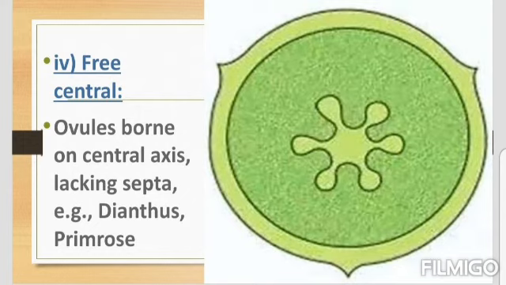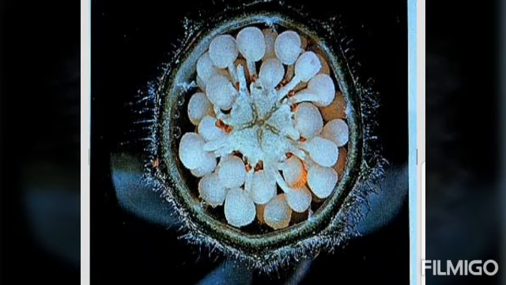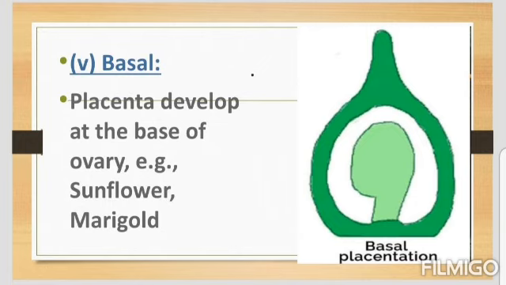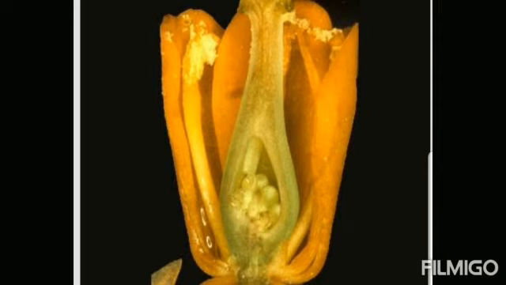When the ovules are borne on central axis and septa are absent, as in dianthus and primrose, the placentation is called free central. In basal placentation, the placenta develops at the base of ovary and a single ovule is attached to it, as in case of sunflower and marigold.